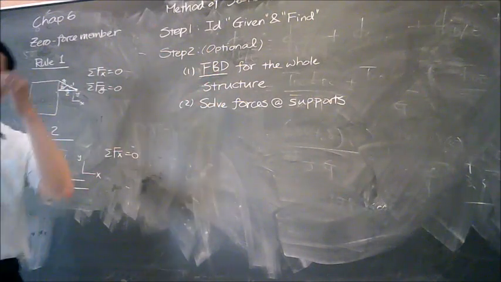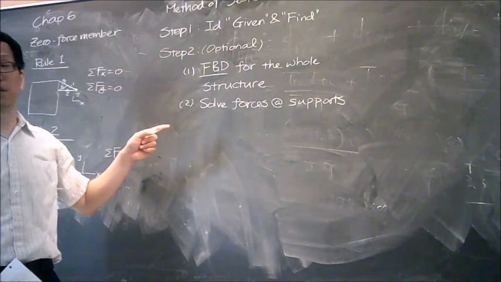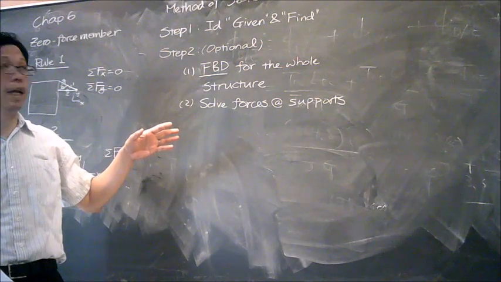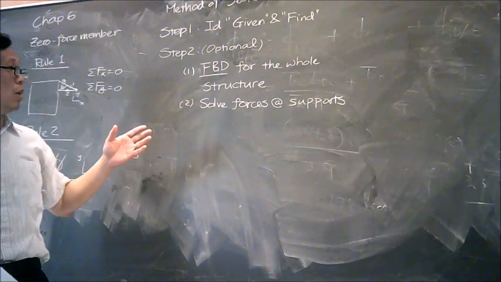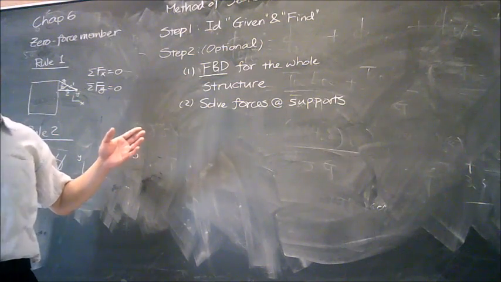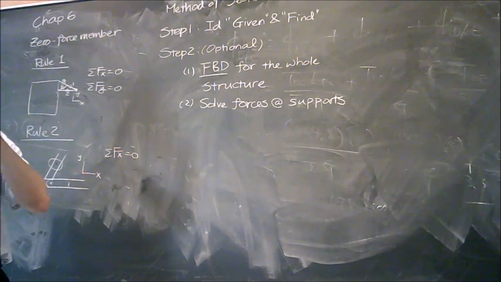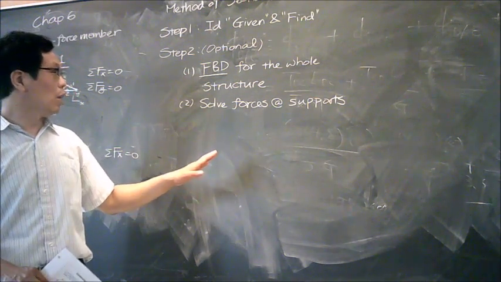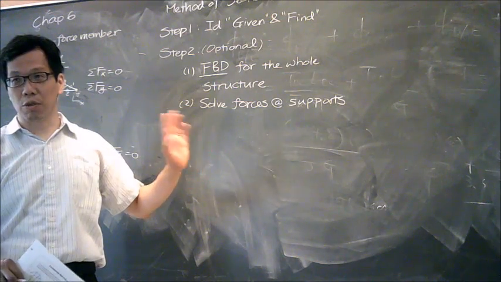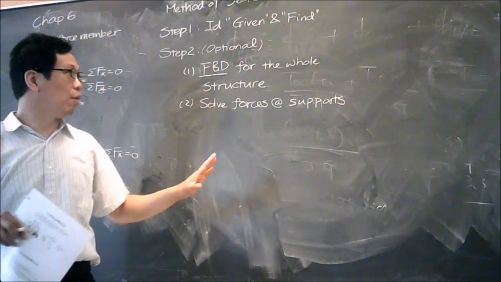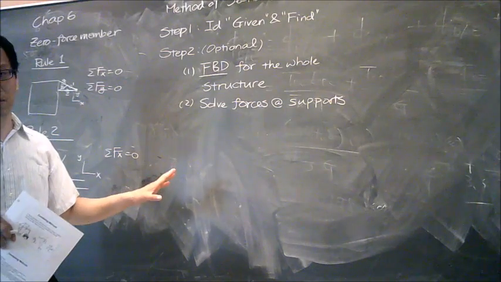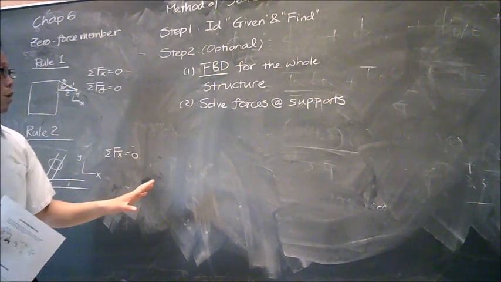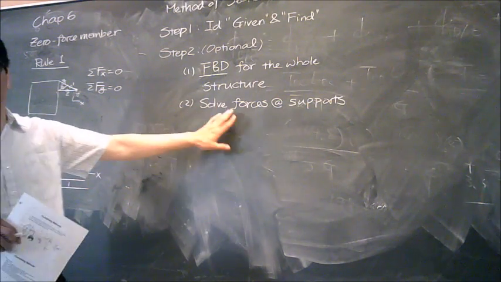So, in other words, when we have a structure with either a bearing or a normal contact surface, it means that at those contact surfaces there are external forces trying to support the whole structure. So before we can move on, we need to solve for all the external forces applied to the system, which means we need to solve for the forces applied at the supports.